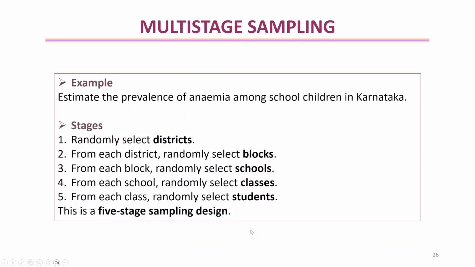So now let's understand this with one public health example. Suppose we want to estimate the prevalence of anemia among school going children in Karnataka. Now imagine trying to prepare a list of every school child in Karnataka. Obviously, that would be so difficult. So instead we divide sampling into stages.